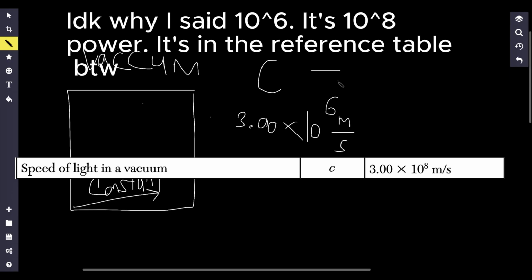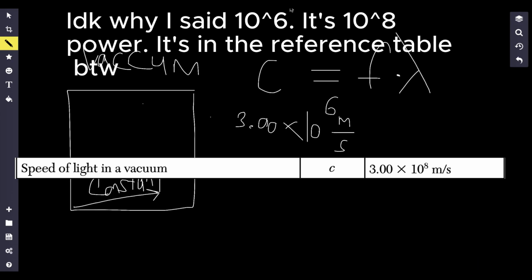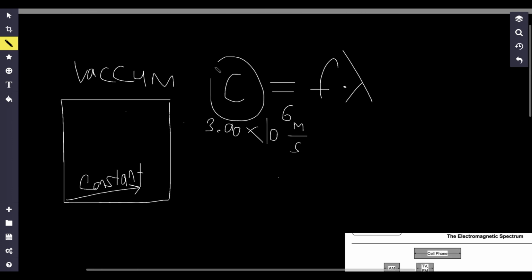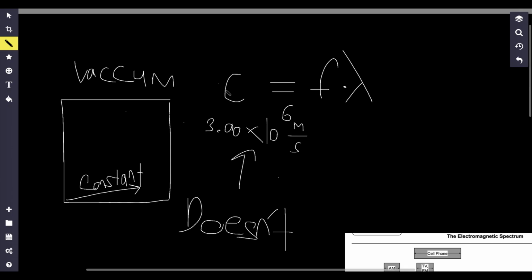And the speed of light is equal to the frequency multiplied by the wavelength, which you use this lambda symbol to represent. And it doesn't even matter what type of light it is. The speed of light is this value, and this doesn't depend on the type of light, meaning you can have any sort of light inside my vacuum and it's still going to travel at the same speed.